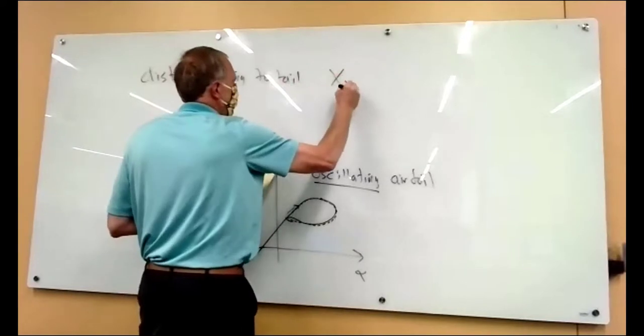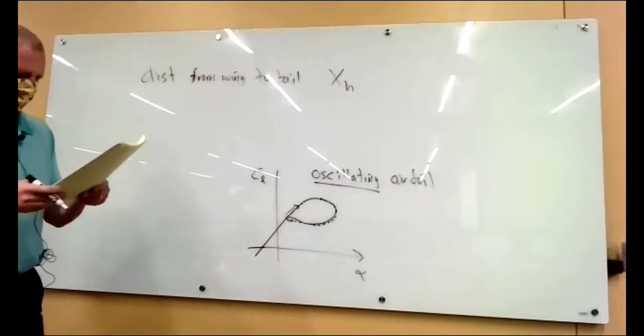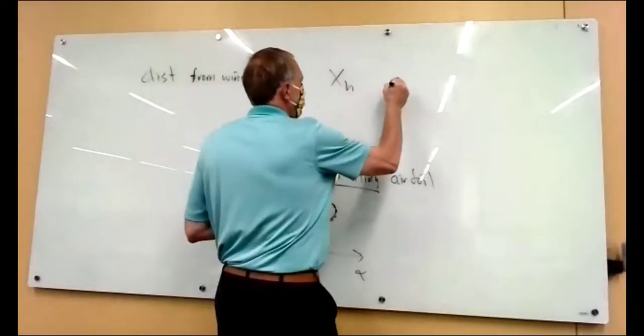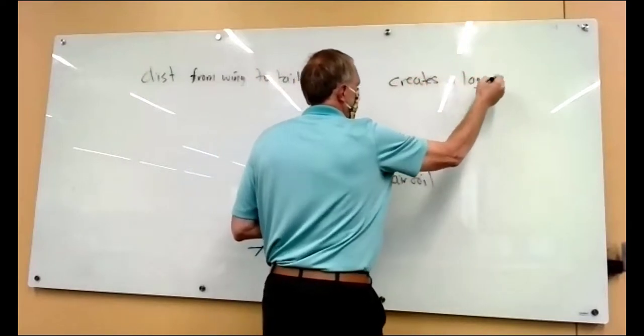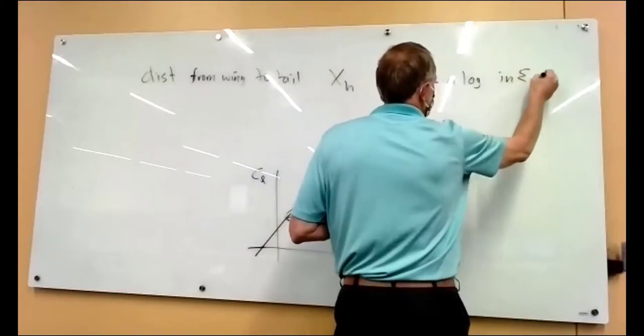We'll call that XH. That's our moment arm from the CG back to the tail. So that's a pretty good measure. The distance from the wing to the tail, XH, creates a lag in the downwash at the tail.